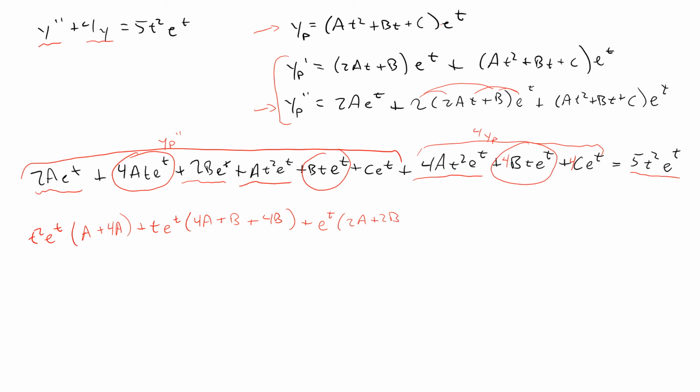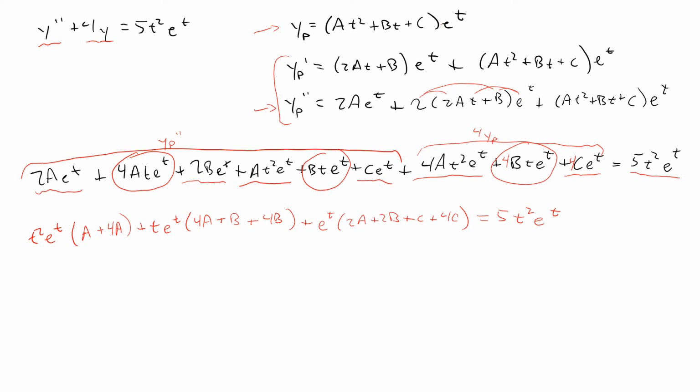And where else? Here I have a c attached to it. And any others down at the end. That has a 4c attached to the e to the t. Okay.